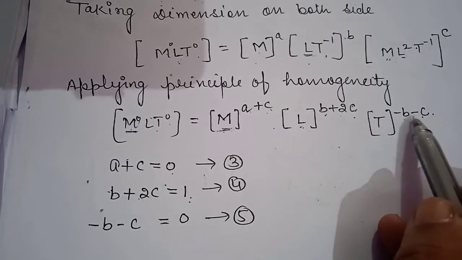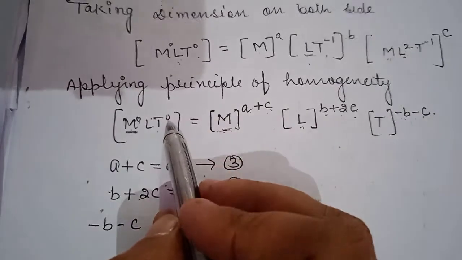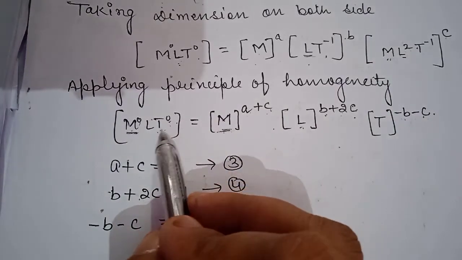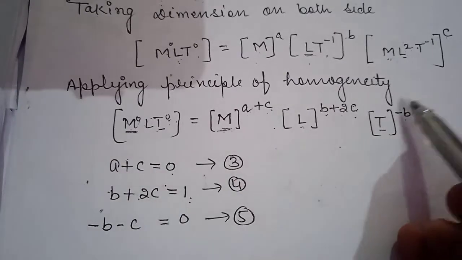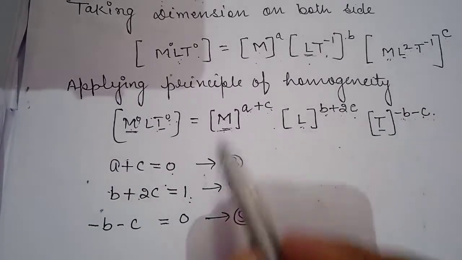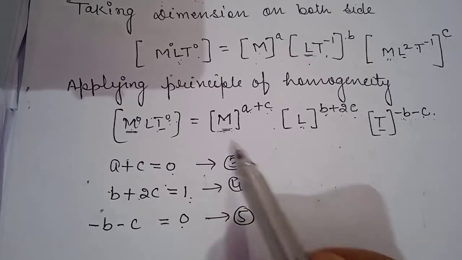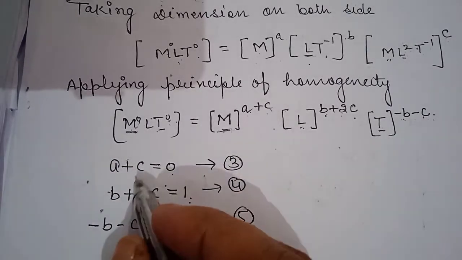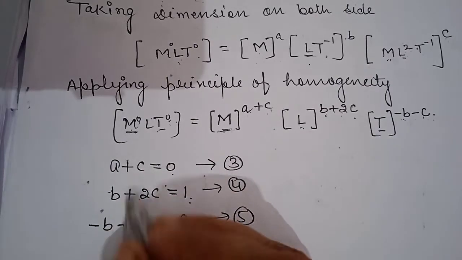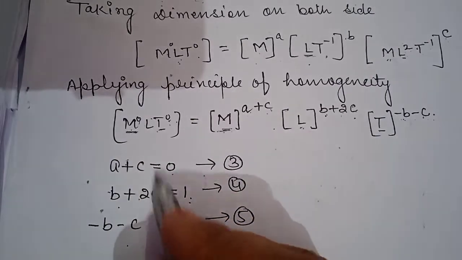For T, minus b minus c is equal to 0. From these three equations, we will find the values of a, b and c.